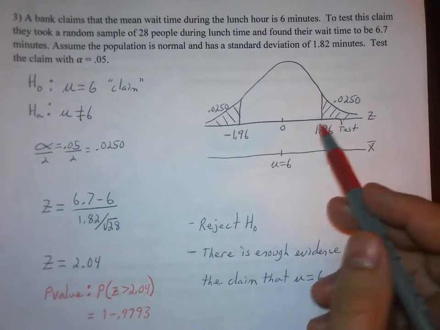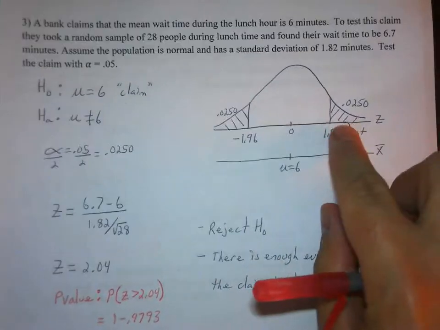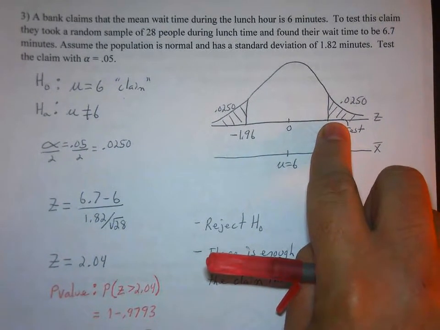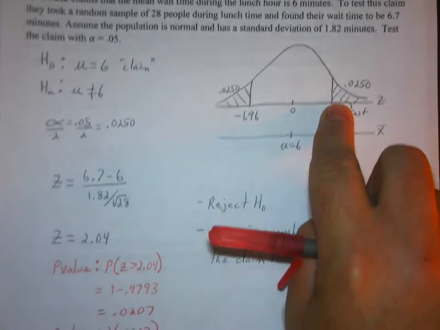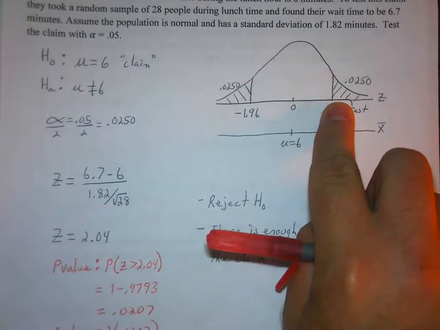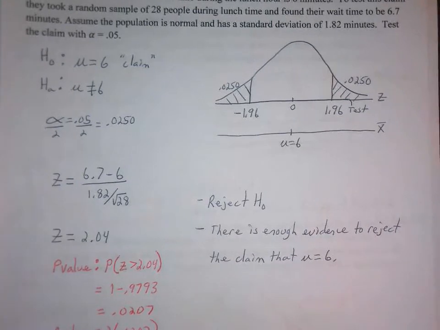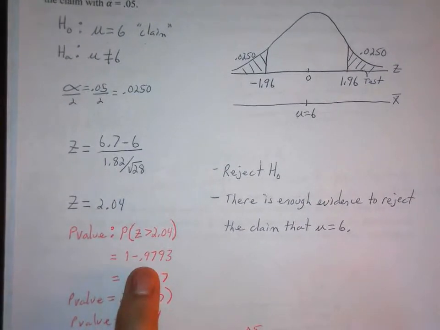So again, we don't know that that's 1.96 because we didn't look those up with the p-value approach. So is the probability that z is greater than 2.04 greater than 0.025 or not? When we find that p-value, we end up getting 1 minus 0.9793, which is 0.0207.